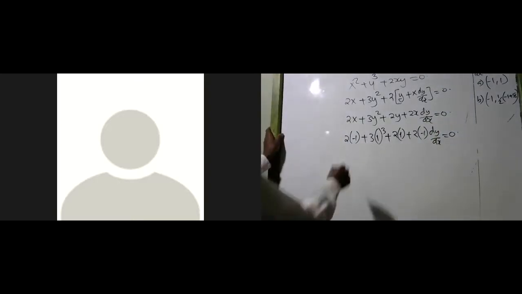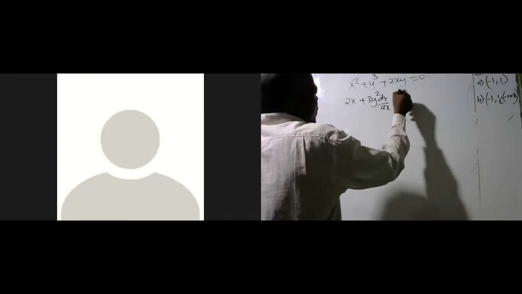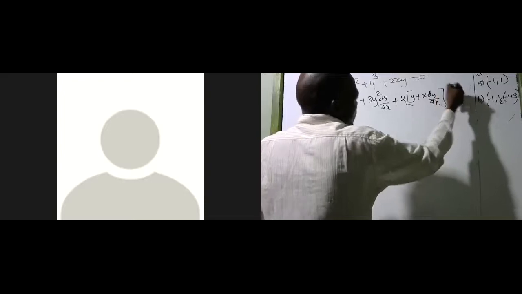Then now we multiply out. This is -2, positive 3, positive. Oh, there was a dy/dx here, yes. There was dy/dx there, and then positive 2, then you have y plus x dy/dx is equal to 0.